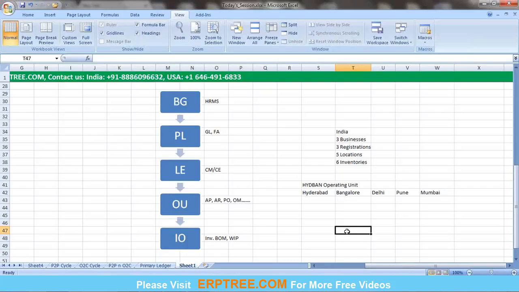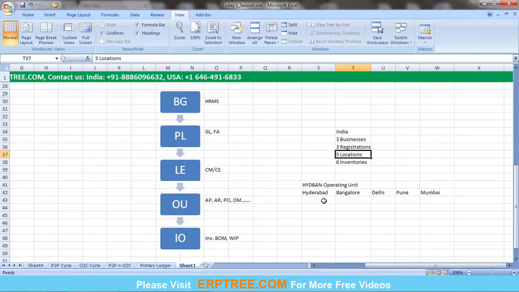Again, by going with one operating unit for Hyderabad and Bangalore, there is still a possibility to maintain the data separately. That I'll be explaining. For now, take this point as an additional point. If you have 5 locations, by default the normal best practice every company follows is to go with 5 operating units.